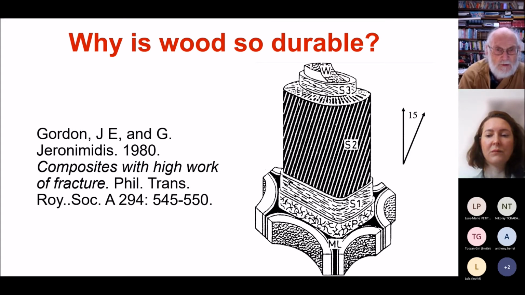He noticed that this S2 wall in the wood fibres, you see this on the right, the S2 wall is about 80% of the total thickness of the cell wall. That cell is probably about 50 micrometers across, and the orientation of the cellulose fibres in the lignin matrix is very close to 15 degrees over most of it.